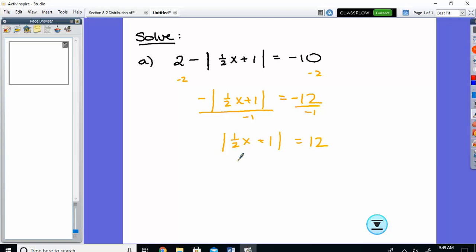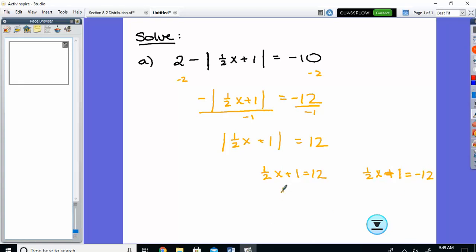Once you get the absolute value by itself, what do we do? Do both, but make it -12. Right, you do drop the absolute value and you do 2 problems. First one, nothing changes. The second one, you set it equal to a -12.